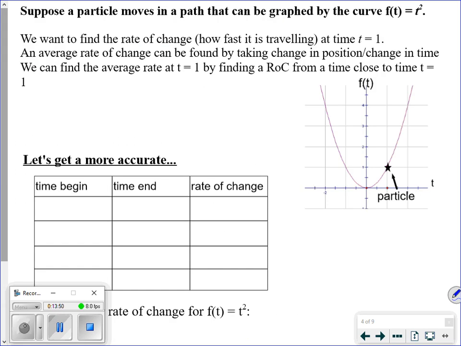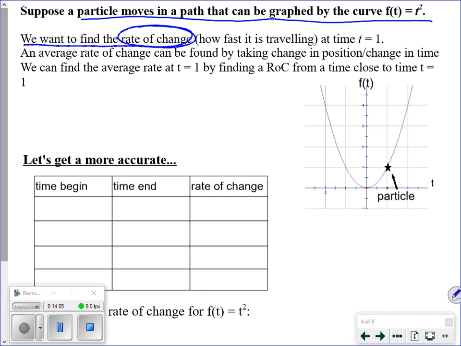It says, suppose a particle moves in a path that can be graphed by the curve f of t equals t squared. We want to find the rate of change, or how fast it is traveling. That's what a rate of change is: how fast it is changing its position at time equals 1.